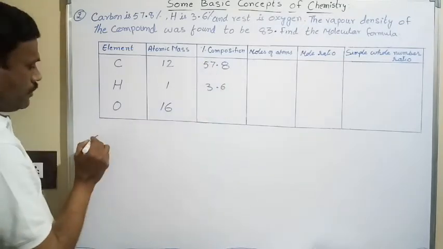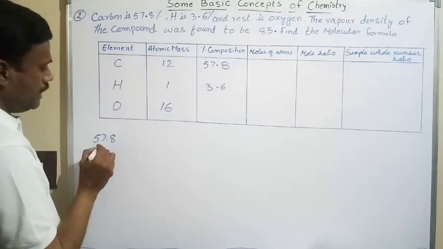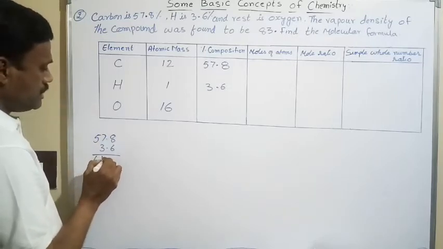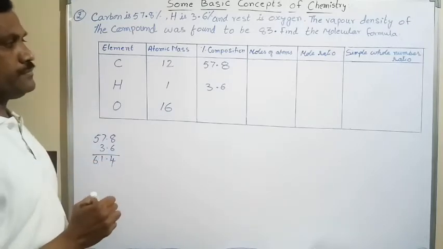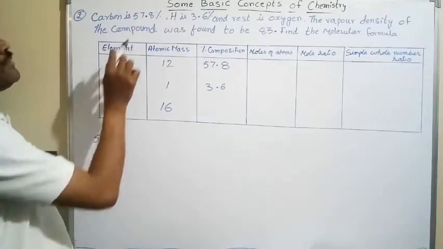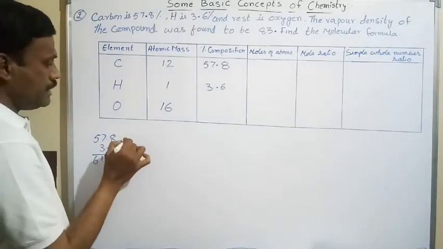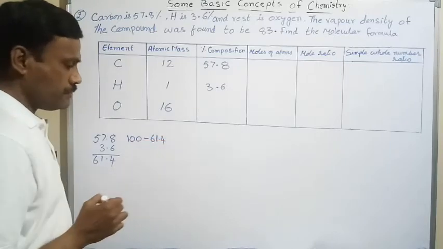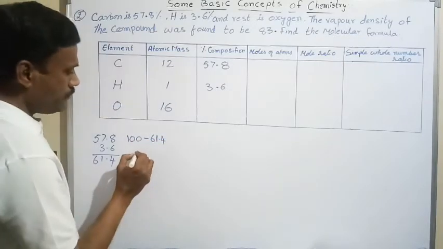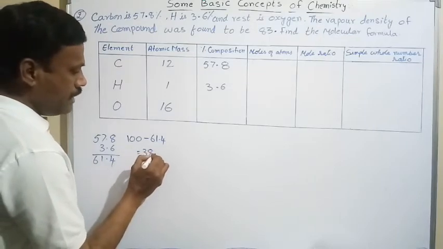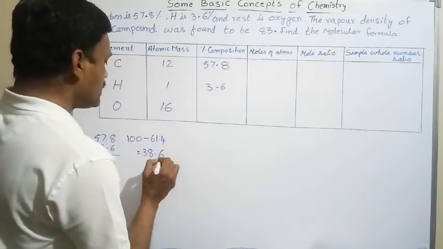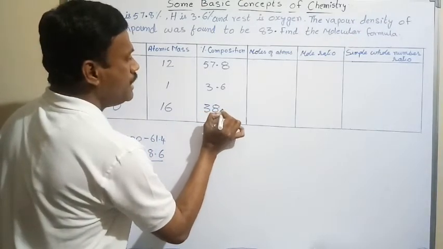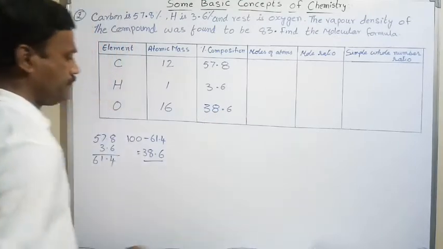Add these two: 57.8 plus 3.6 gives 61.4. Then 100 minus 61.4 gives 38.6.